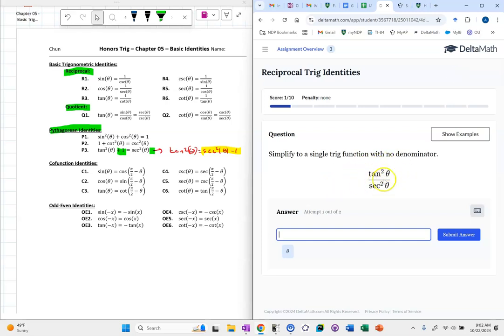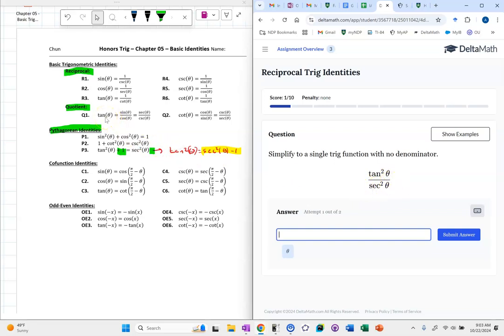Try another one. Here I have tangent squared over secant squared. I would start by thinking about this as tangent squared times 1 over secant squared. Now I'm going to replace tangent squared with one of the quotient identities. If I look at my two options, this one I like because it has secants in the numerator, and I have 1 over secant squared.